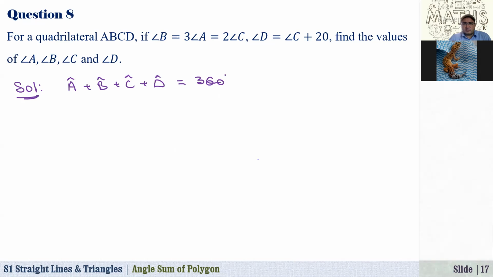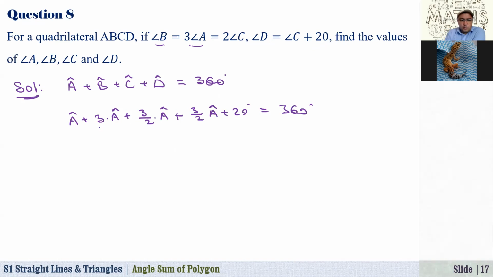Now I can express everything in terms of maybe D or C. Let's express everything in terms of A. Angle A plus angle B, which is 3 times A, plus C, which is 3 over 2 times A, plus angle D, which is C plus 20, so 3 over 2 A plus 20, that's equal to 360.